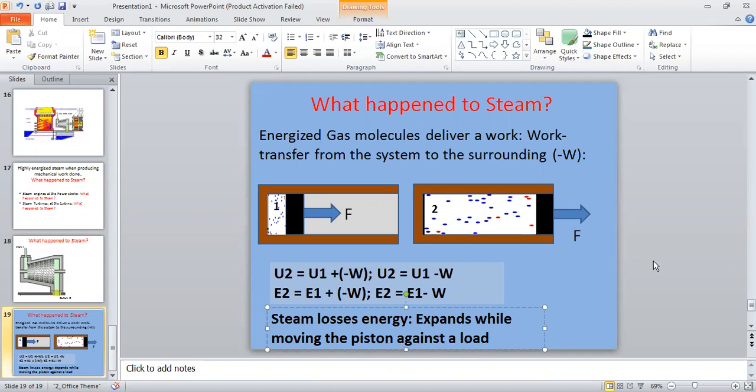Yes. Expands while moving the piston against the load. What expands? Steam expands.